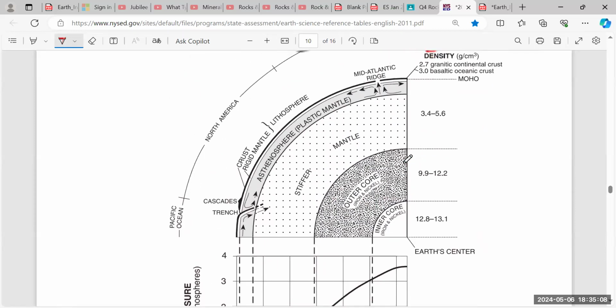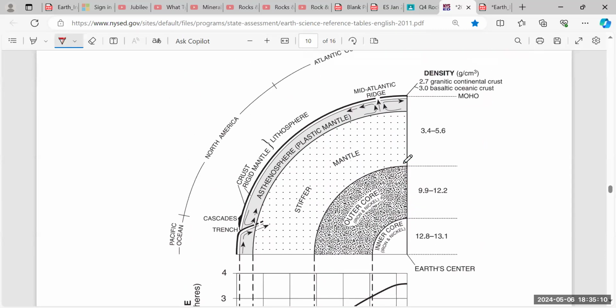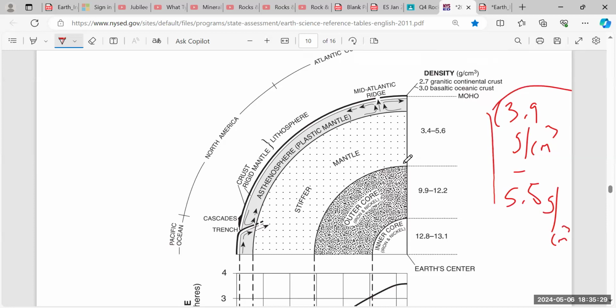And let's see. Do you remember what my numbers were for the terrestrial planets? Remember, my numbers were 3.9 grams per cubic centimeter to 5.5. Those are all the ranges of the terrestrial planets.